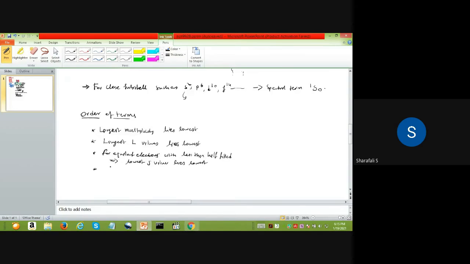And the same scenario for equivalent electrons with more than half filled, then the highest J lies lowest.